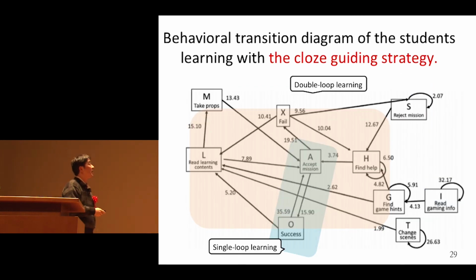And then we analyzed their behavior transition diagram. So I skip those tables. This is the group of students who learned with the Cron's guiding strategy.